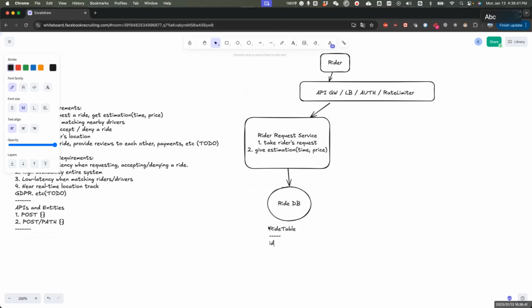It could contain a ride ID, a time, status, user ID, and a geolocation. Let's say we have a location.